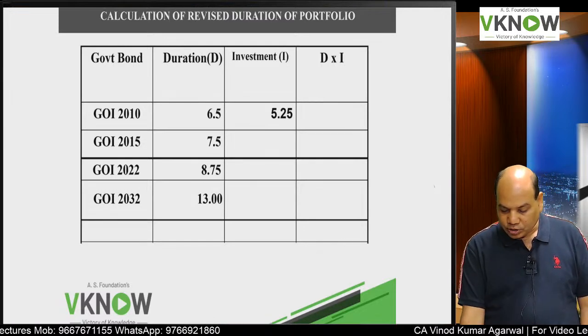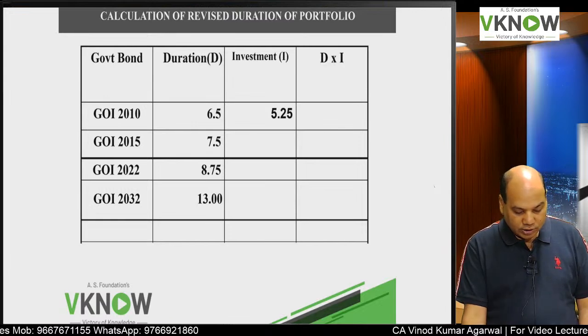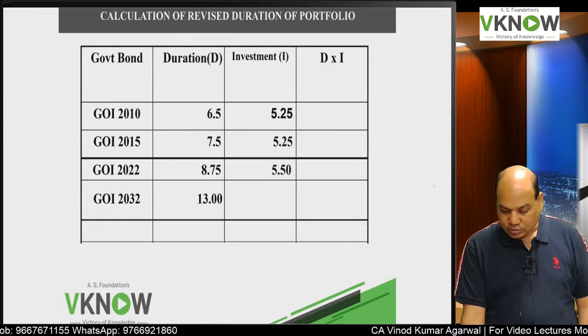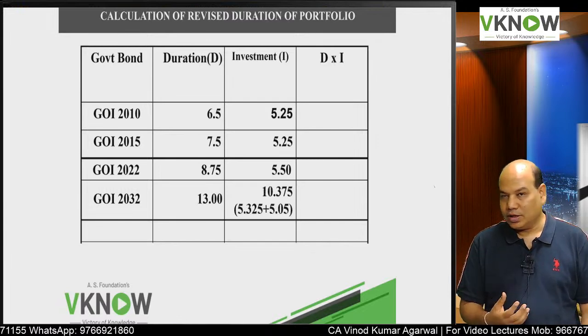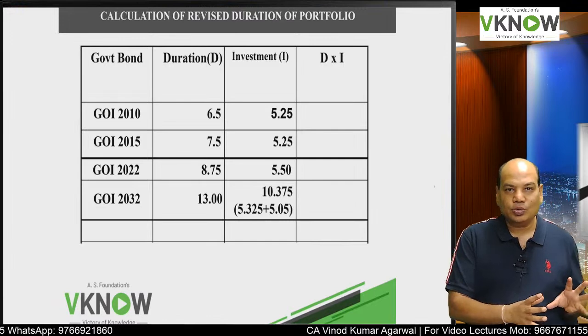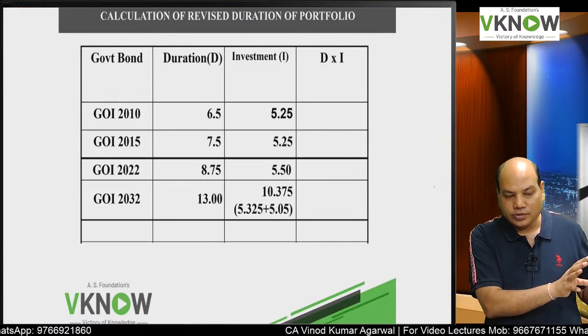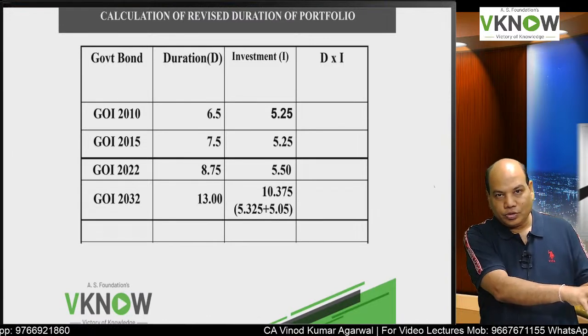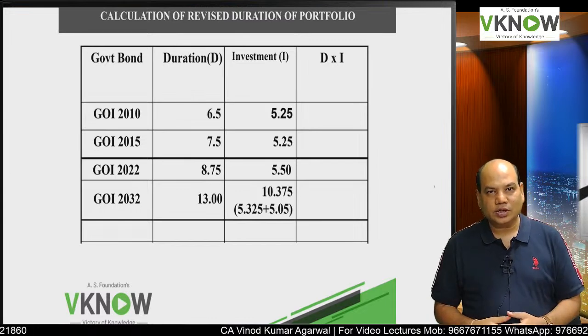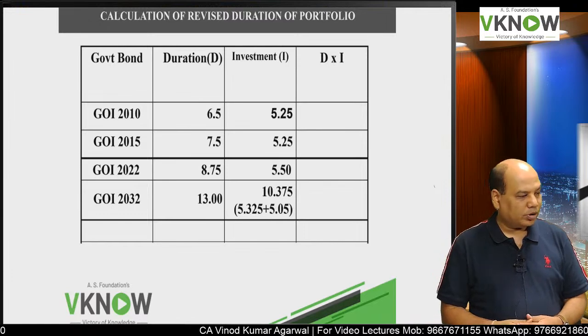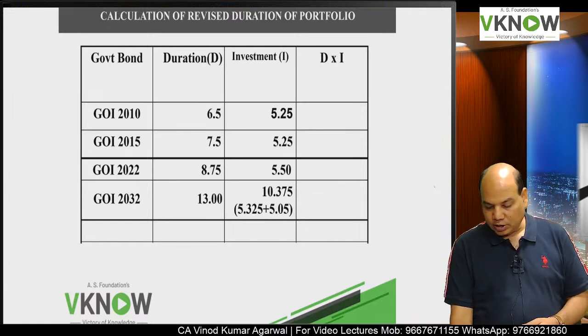So now investment in 2010 will be same 1522, but investment in 2032 bond will increase. The amount which was there in 2006 bond, you bring it and you invest in 2032 bond. So that is 10.375. Now multiply and take total.